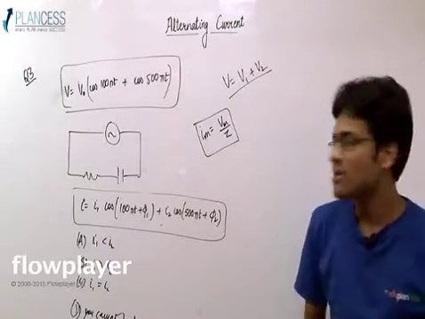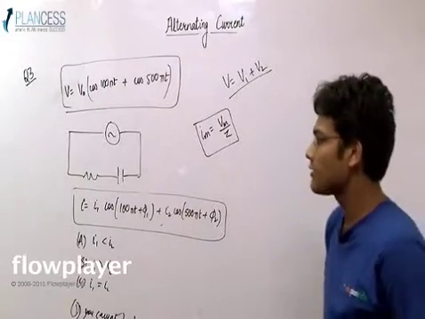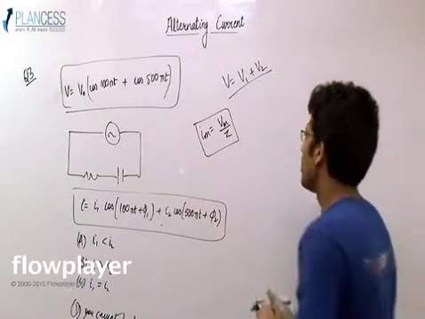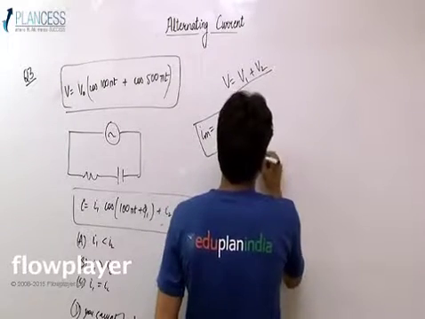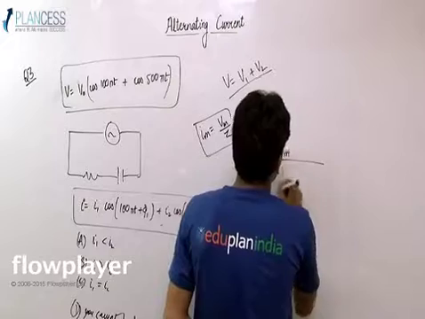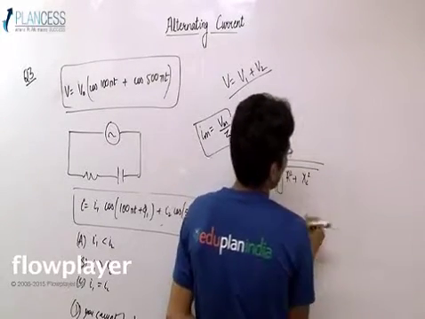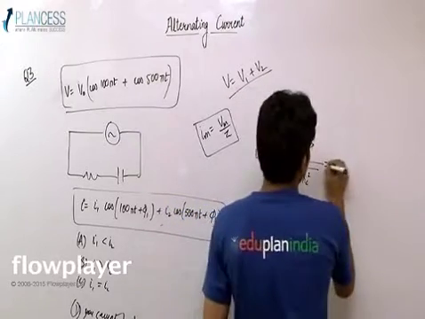So the question asked is the inequality between I1 and I2. I can say Im can be written as Vm upon root over R squared plus Xc squared for an RC circuit.